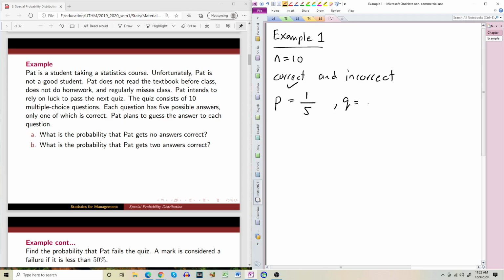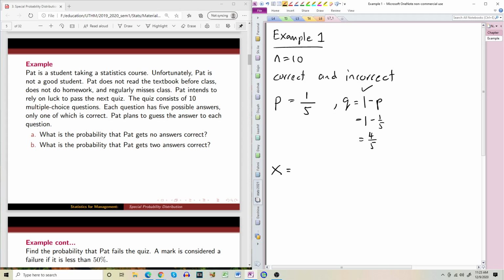Q is the probability of her answering incorrectly. Incorrect means 1 correct, 4 more incorrect. Or normally what we do, Q is 1 minus P. P and Q, you have it.